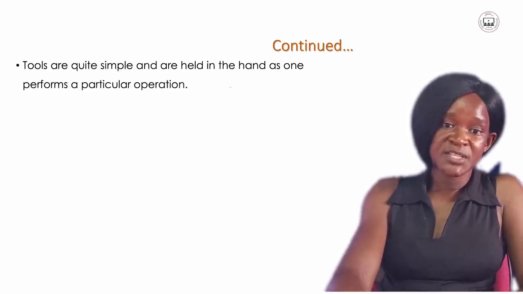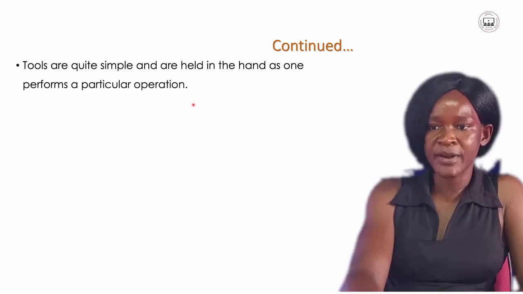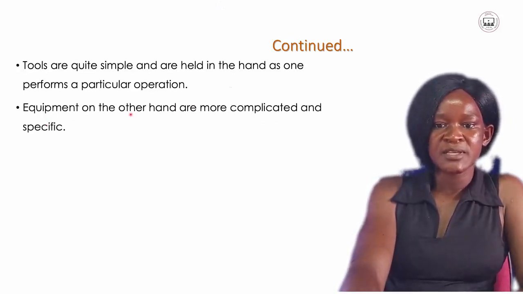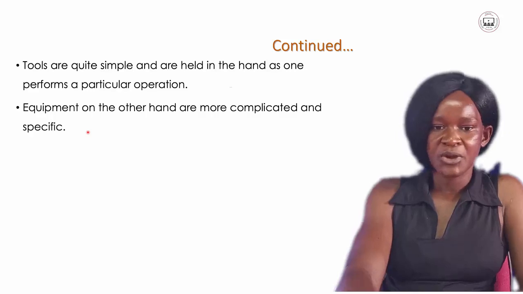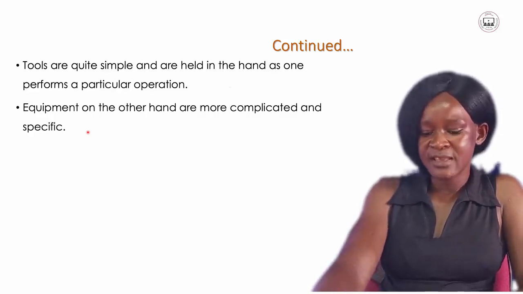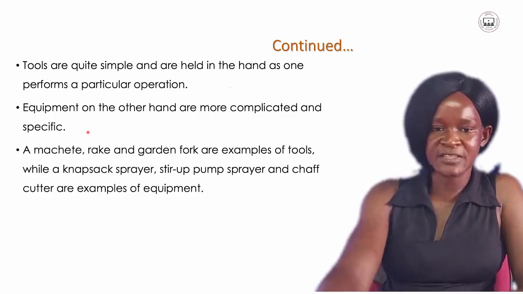Tools are quite simple and are held in hand as one performs a particular operation. On the other hand, equipments are more complicated and are specific. Whichever the case, both tools and equipments are essential when it comes to operating farming activities.